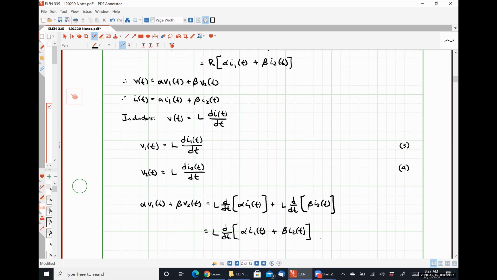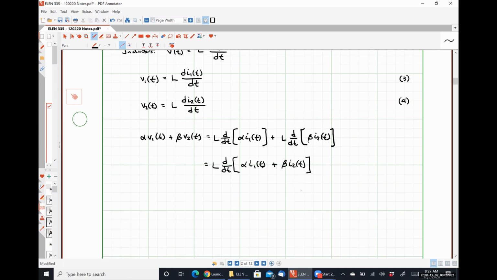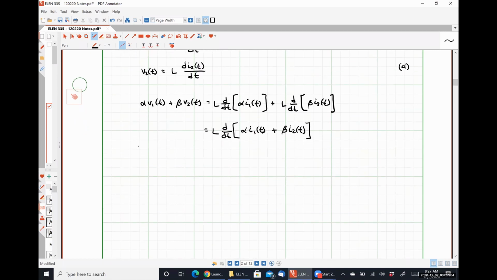So I can see then that this equation is the exact same thing as my characteristic equation, where v of t is alpha v1 plus beta v2, and i of t is alpha I1 plus beta I2, just like in our resistor case. So this is linear as well. Let me write that here.